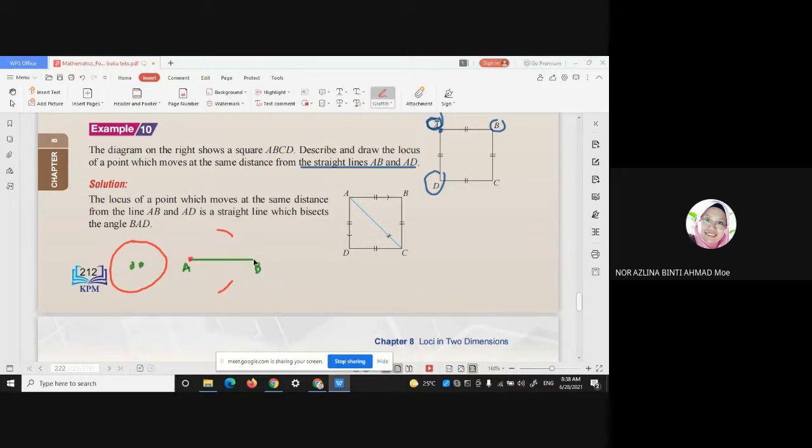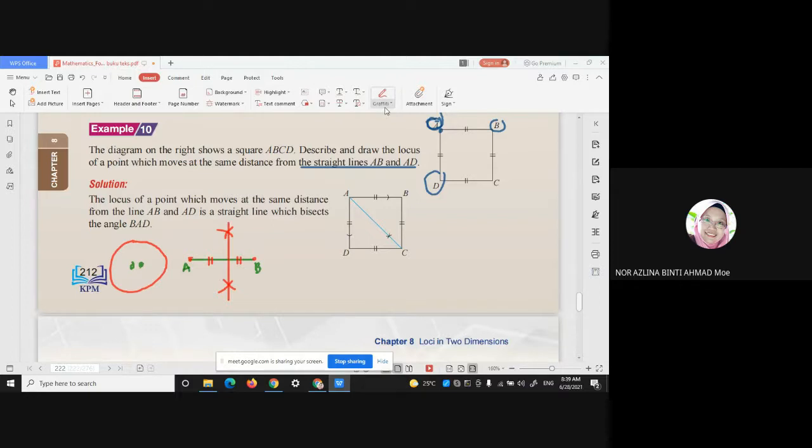So we will draw the curve using compasses from point A, and now from point B, draw the compasses, another one up and down.